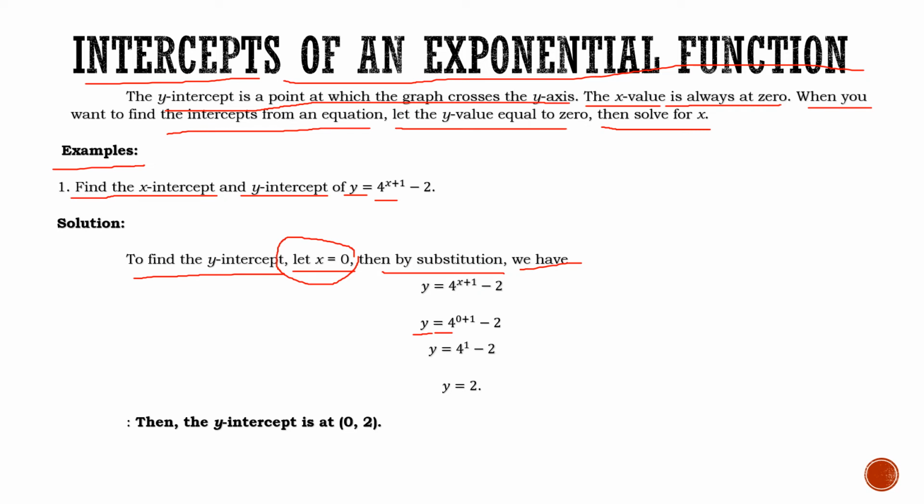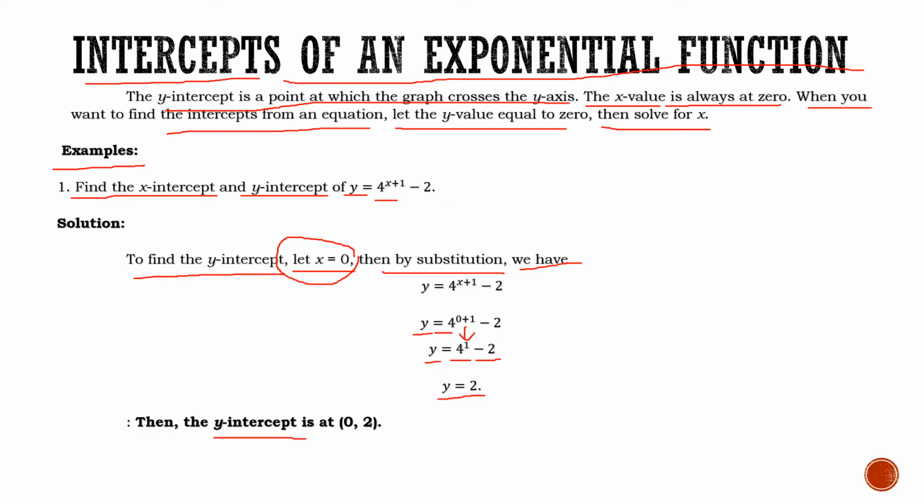By simplifying, y equals 4 raised to 1 because 0 plus 1 is 1. We copy the negative 2, so it becomes 4 minus 2. That's why y is equal to positive 2. So the y-intercept in this case is at (0, 2).